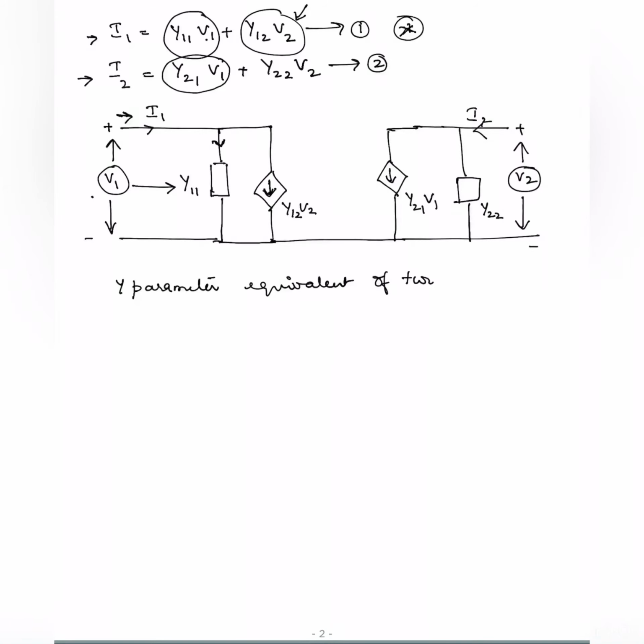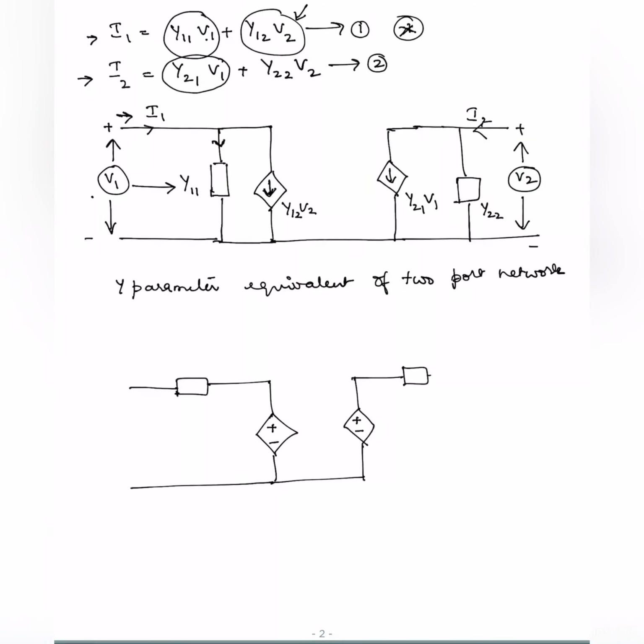of a two port network. Now, the difference between the y parameter and z parameter equivalents is that in z parameter you had a series load and a dependent voltage source. Here also on the output side you had a dependent voltage source and the load. So, same thing: v1, i1, the convention, this is v2 and this is i2.